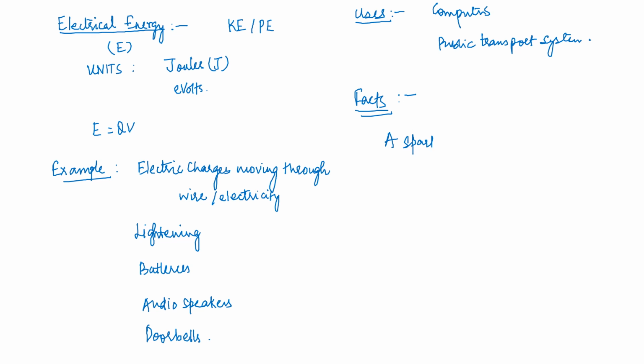A spark of electricity can measure up to 3000 volt. Just see, a spark measuring up to 3000 volt is a very big voltage. That is why it can be fatal for a person who gets an electric shock.